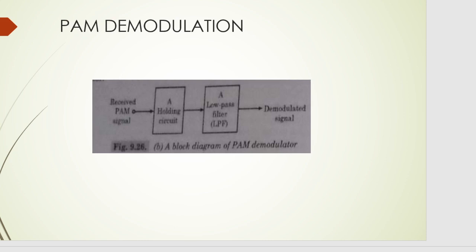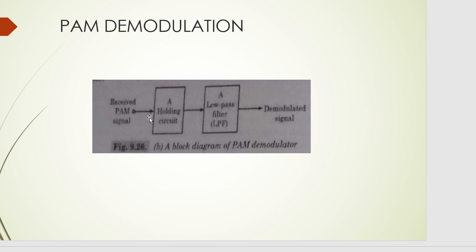Now going to PAM demodulation. The PAM demodulation process consists of, so this is the block diagram of PAM demodulation. So we have a holding circuit and a low pass filter or LPF.